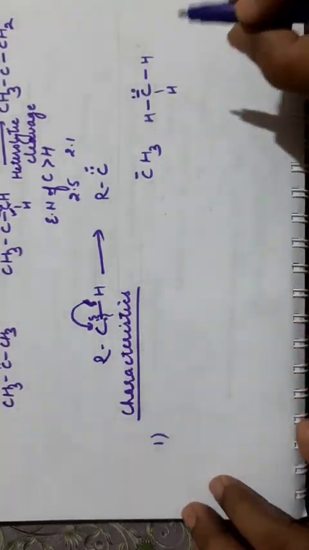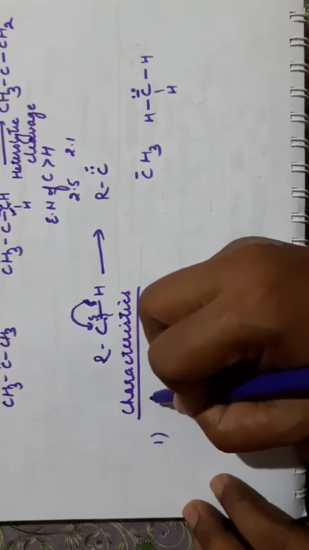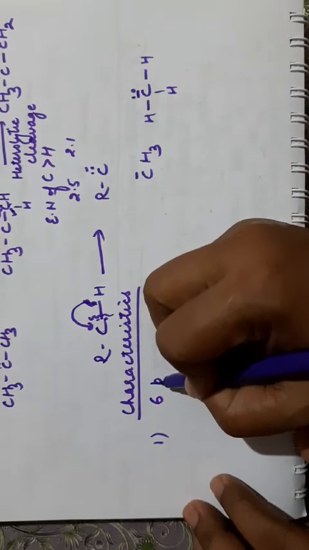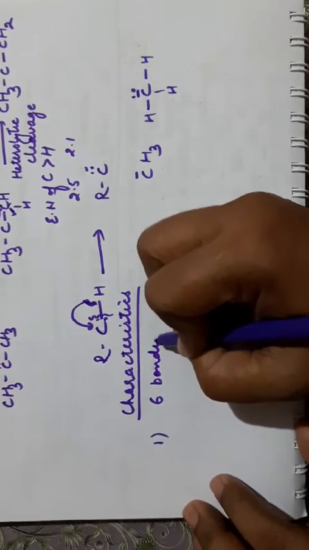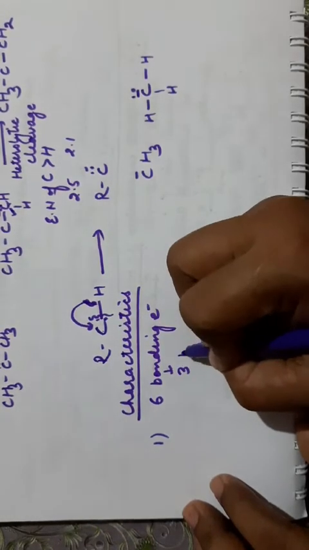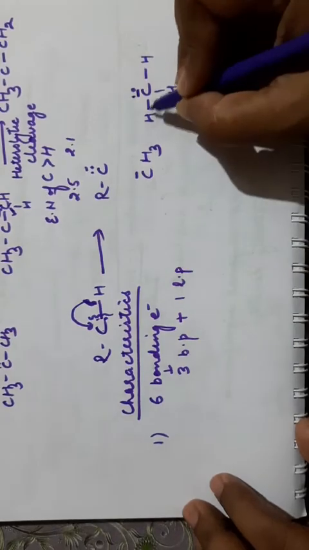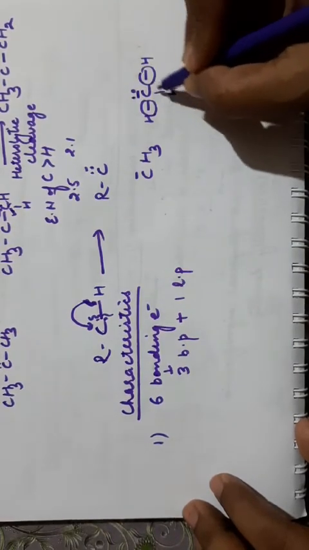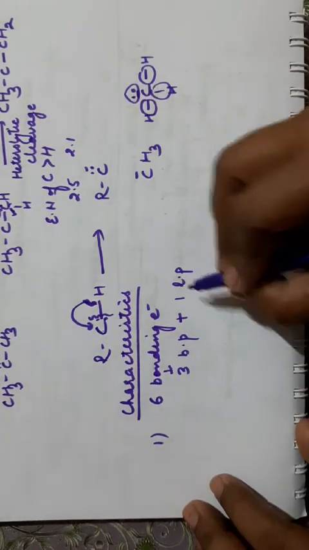So what is the first characteristic? The carbanion has 6 bonding electrons, or we can write 3 bond pairs plus 1 lone pair. There are 3 bond pairs, 1, 2, 3, and there is 1 lone pair.